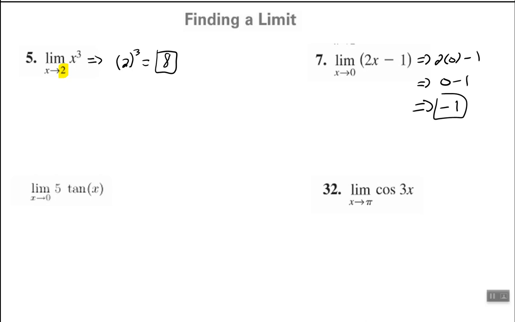The next one down here, we have the limit of 5 times tangent of x as x approaches 0. So we have a scalar multiple here. And we still want to substitute in if we can. So let's rewrite this as 5 times the limit as x approaches 0 of tangent of x.